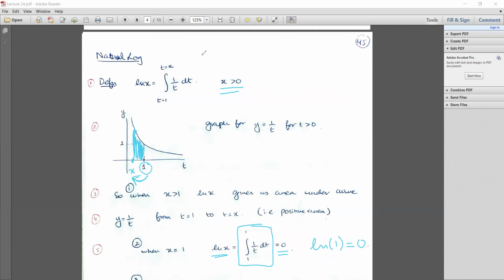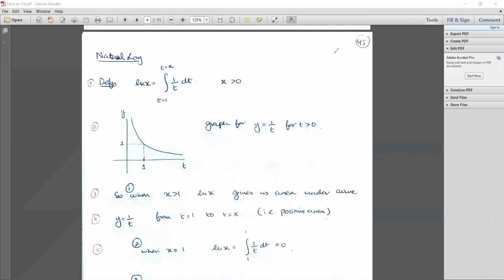So when x is less than 1, will natural log of x be positive or negative? Looking at this shaded area here, where we are now integrating from 1 to x, so in the reverse direction. Will natural log of x in this case be positive or negative? Negative, correct.